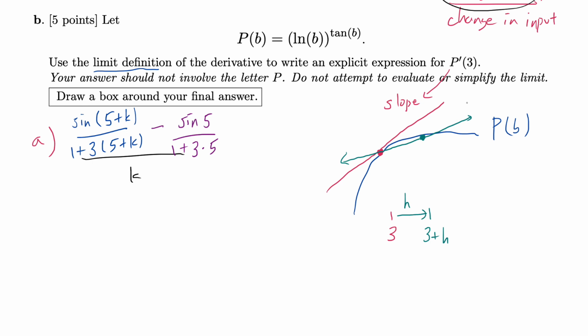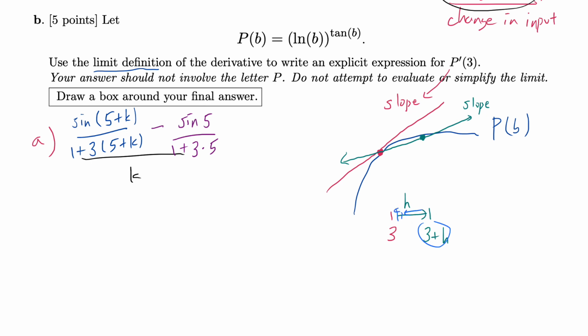I'm going to find the slope of the secant line and use that to approximate the slope of the tangent line. Here's the key thing. This approximation might not be exact, but as h shrinks closer and closer to 0, 3 plus h is moving closer and closer to 3.